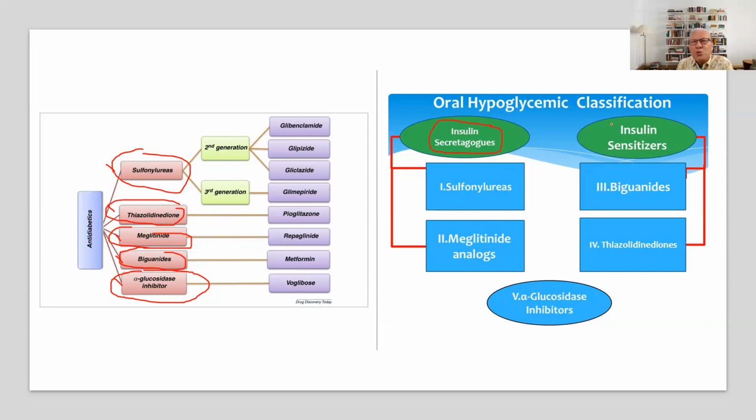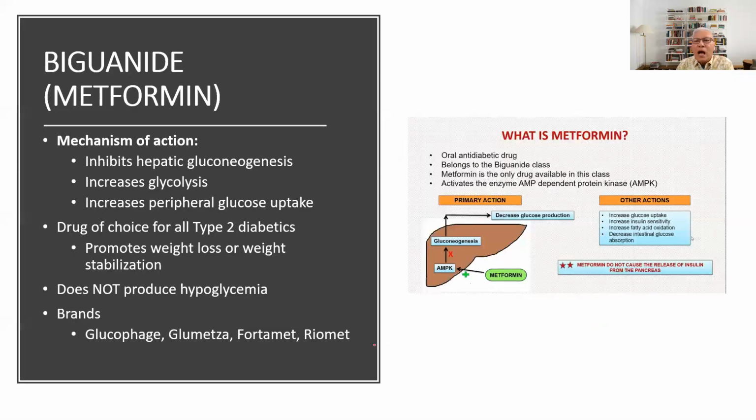This means that they don't act directly by stimulating the release of insulin, but rather they act in different areas. And this includes your biguanides as well as your thiazolidinediones. And of course, the last group, which are glucosidase inhibitors, may do both. Okay, so let's now go to the first drug.